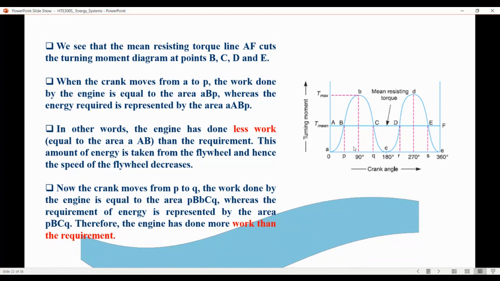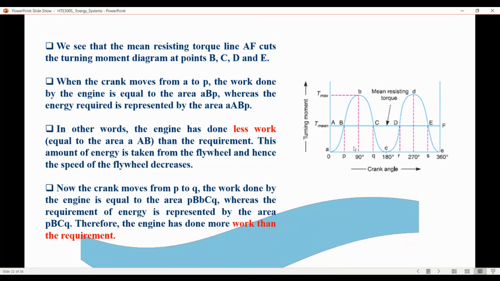In other words, the engine has done less work, equal to A, big B, than the requirement. Obviously, it's below T mean. They say this amount of energy is taken from the flywheel, and hence the speed of the flywheel is decreased, which is quite interesting.